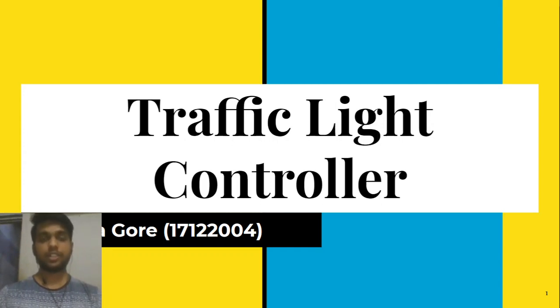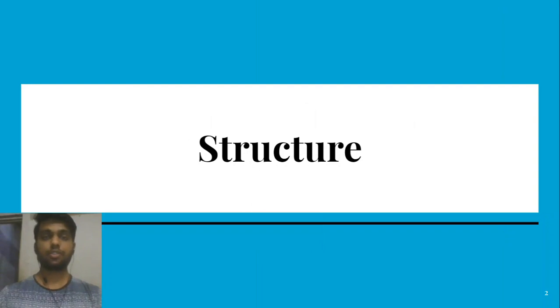In this project, traffic lights are LEDs which are connected to the 8085 microprocessor through the programmable peripheral interface 8255 and buffers. Lamps can be used instead of LEDs, but they will require being driven by some relays and a transistor circuit. So first of all, let's talk about the structure of this controller.